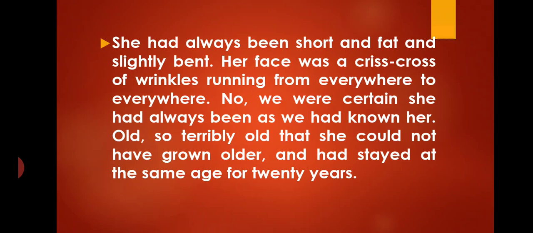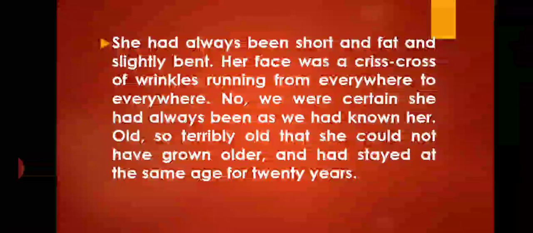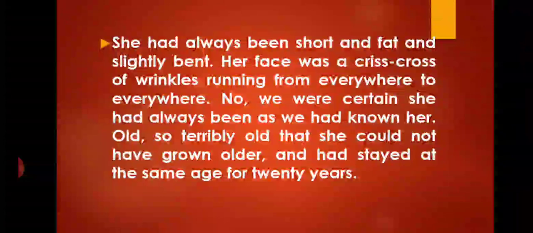And he further continues, he says, no, we were certain she had always been as we had known her. So he just can't imagine that once the grandmother too was looking young and pretty. He says, no, we can't believe that. Old, she was terribly old, that she could not have grown older.